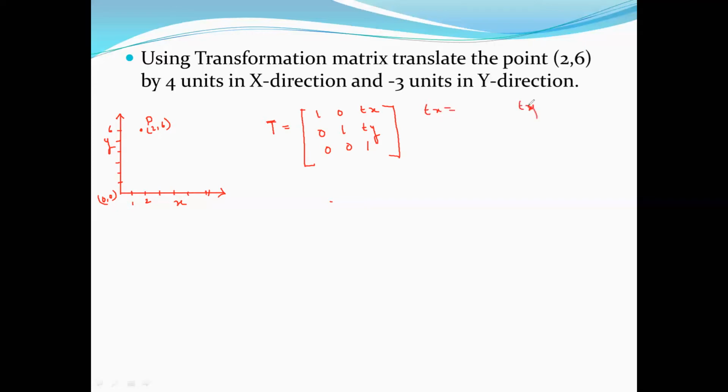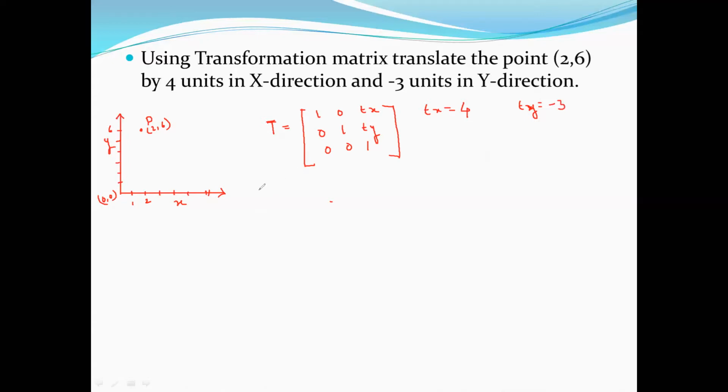That means how many units I have to translate the point along x direction and how much along y direction. So here you can see that the translation unit along x direction is 4, so Tx we can write 4, and here it is given that Ty is minus 3. So we will write Ty as minus 3. Clear?